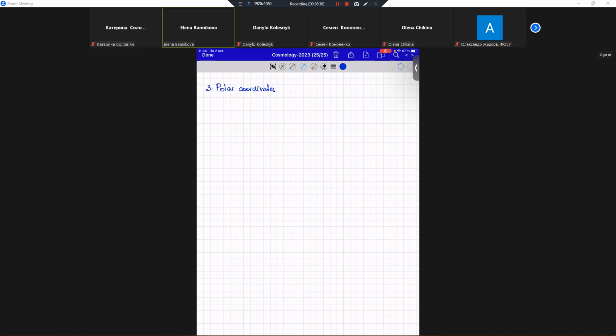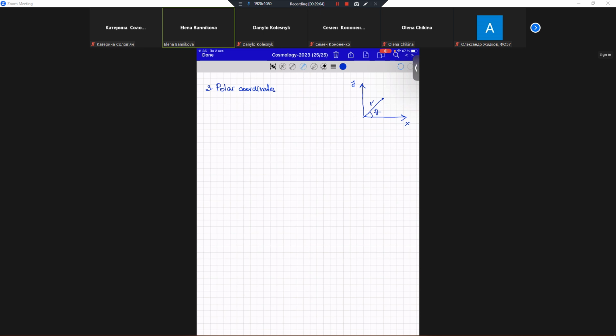So let's consider a polar coordinate system. In the polar coordinate system, we have x, y, but if we have some point, we use r and theta.